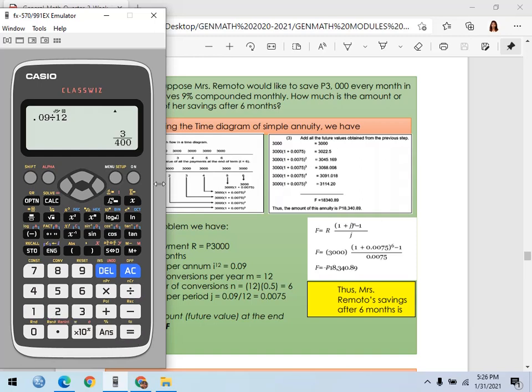So we have 0.0075. Again, J is 0.09 divided by 12, or I divided by M. So we have 0.0075.